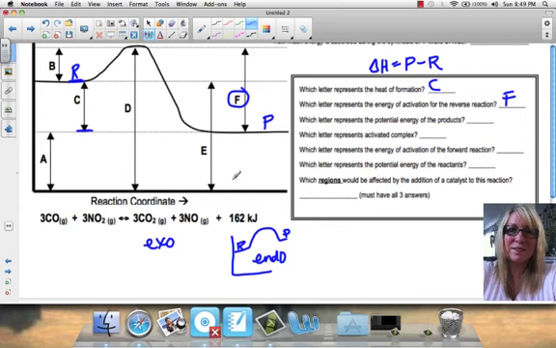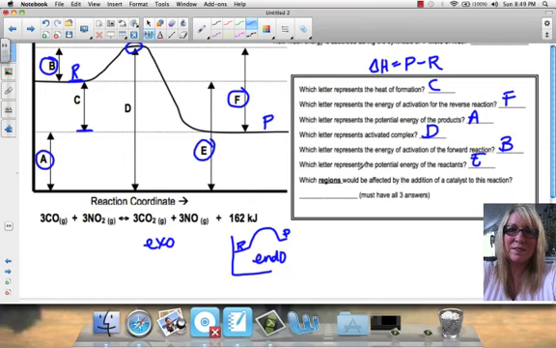Potential energy of the products goes from the reaction coordinate to the product line, which would be letter A. Activated complex is right here, so that would be D. Which letter represents the energy of activation for the forward reaction? That would be B, going from the reactant line to the top. Potential energy of the reactants goes from the reaction coordinate all the way to the reactant line, which would be letter E.